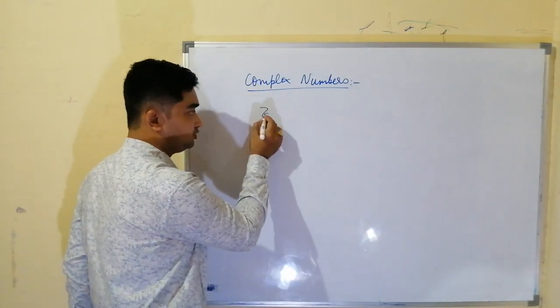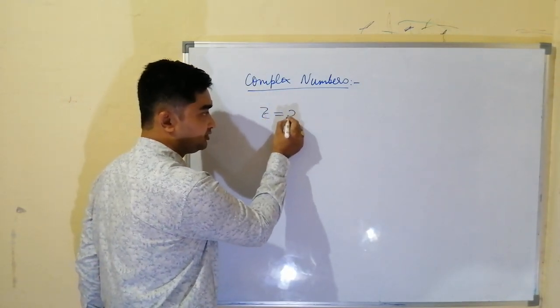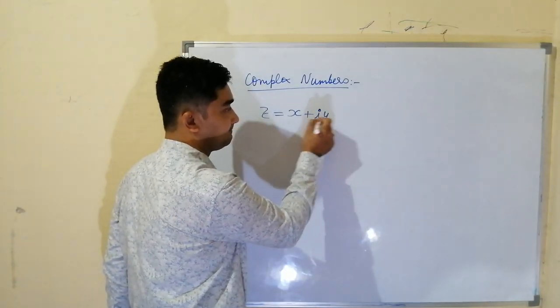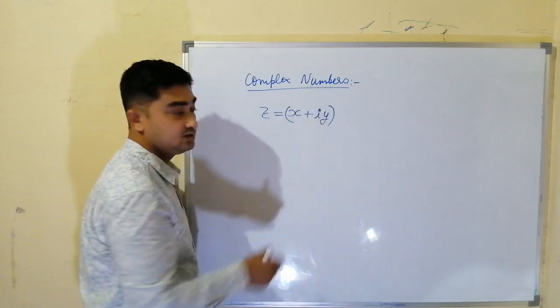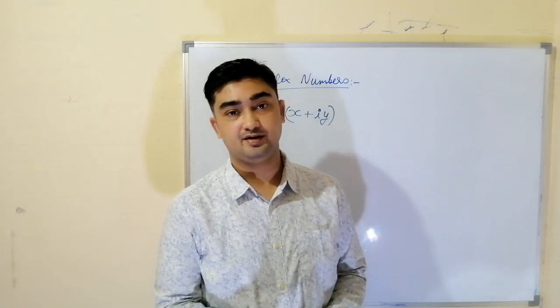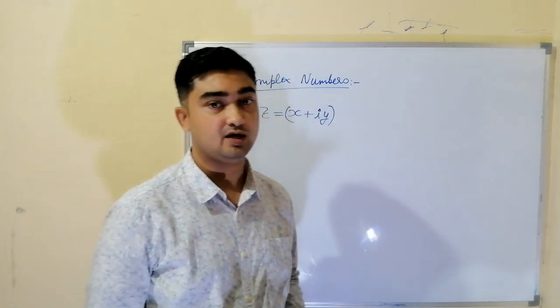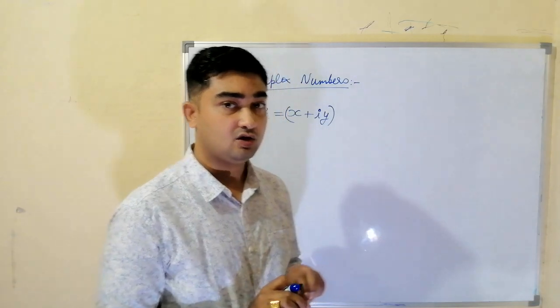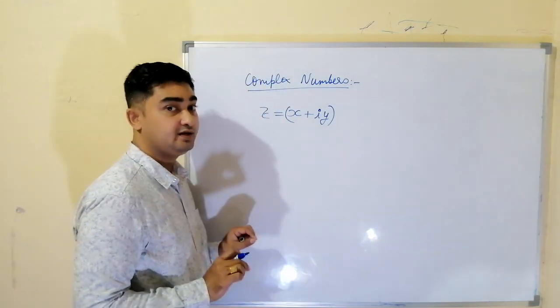Usually, all of us know a complex number is denoted by z, which is x plus iota y. What is a complex number? A complex number is a number which is not real. What is a real number? All the numbers which we know, like 1, 2, 3, all the numbers on the number line, are real numbers.